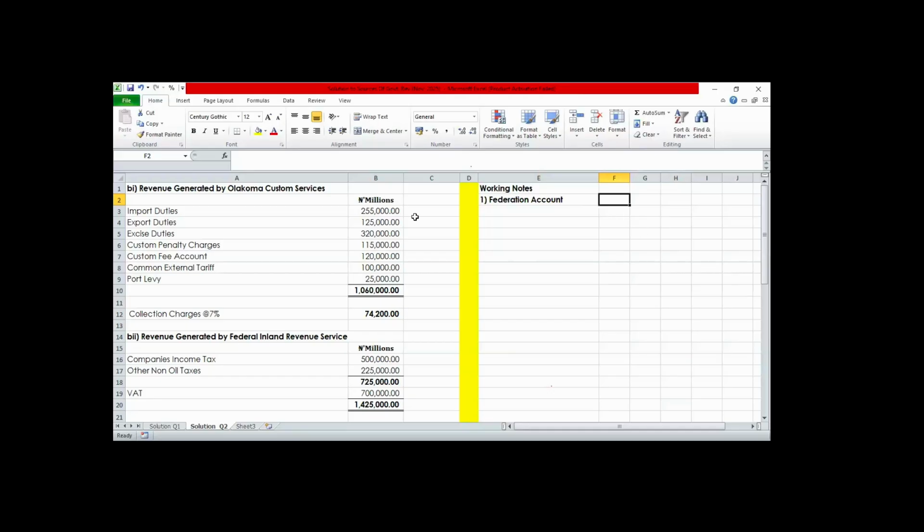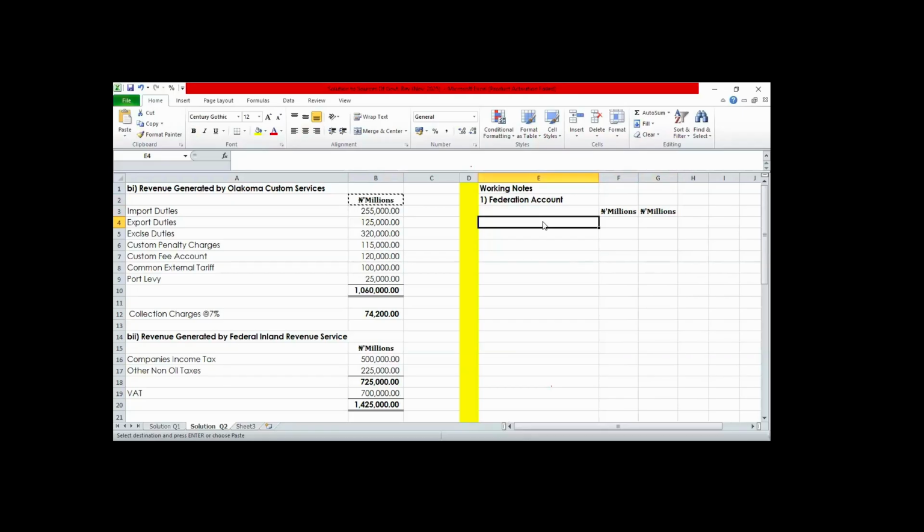Now, in the federation account, what and what do we have? Already you have done a summary of what makes up the federation account.